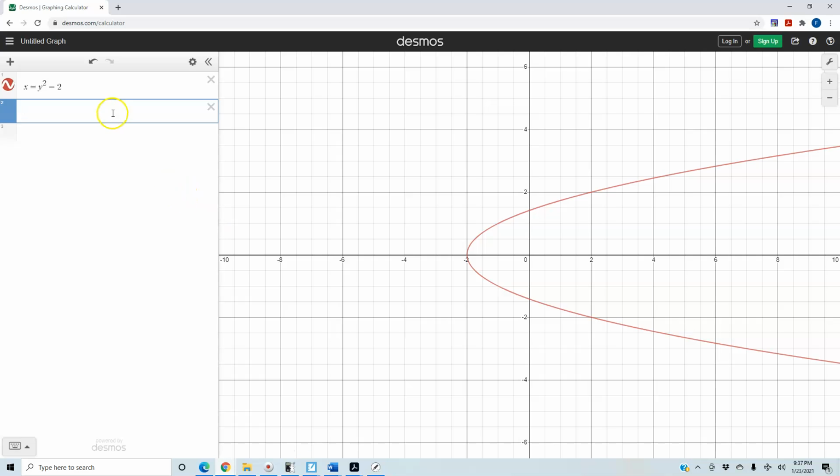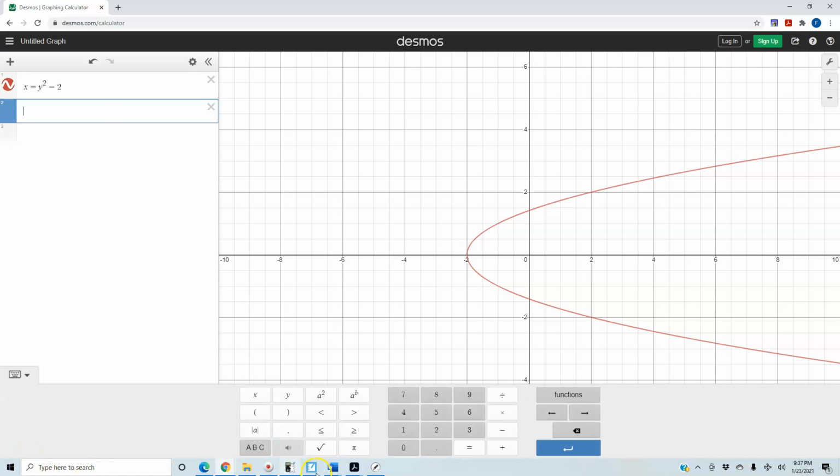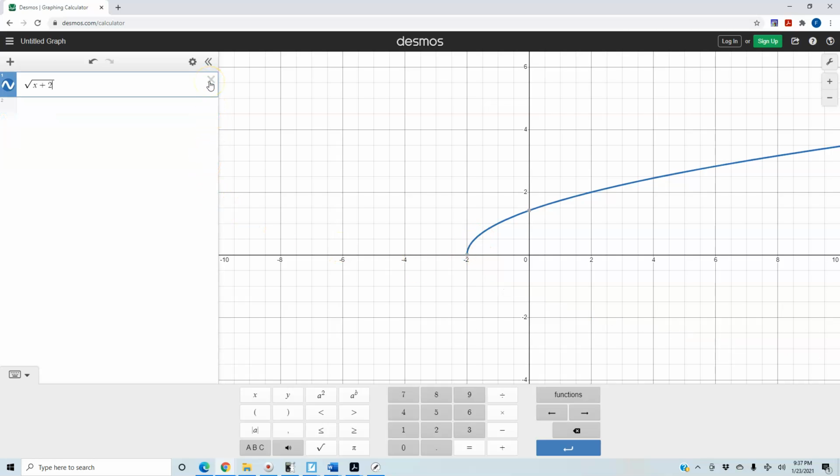So if we take a look at this example here, we're going to put in the positive square root of x plus 2. Now you can see that it graphs the top half. And so I'm going to go ahead and delete the first graph so you can see the only part of the graph there is that.